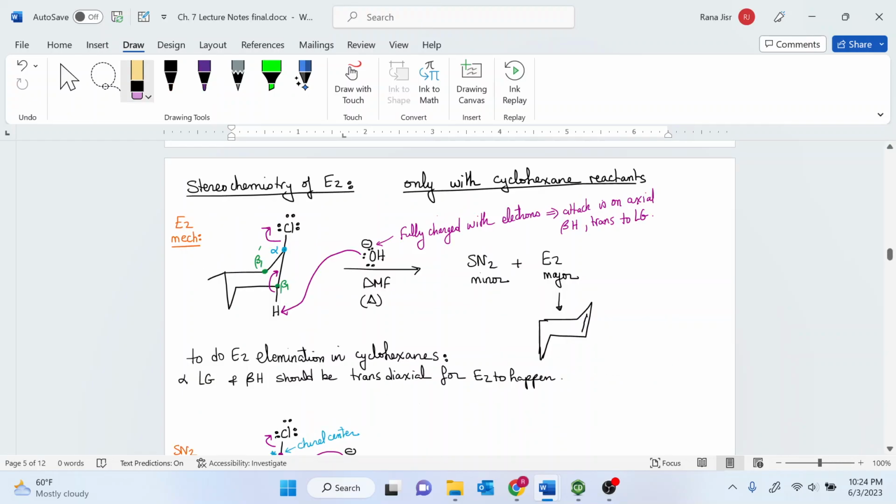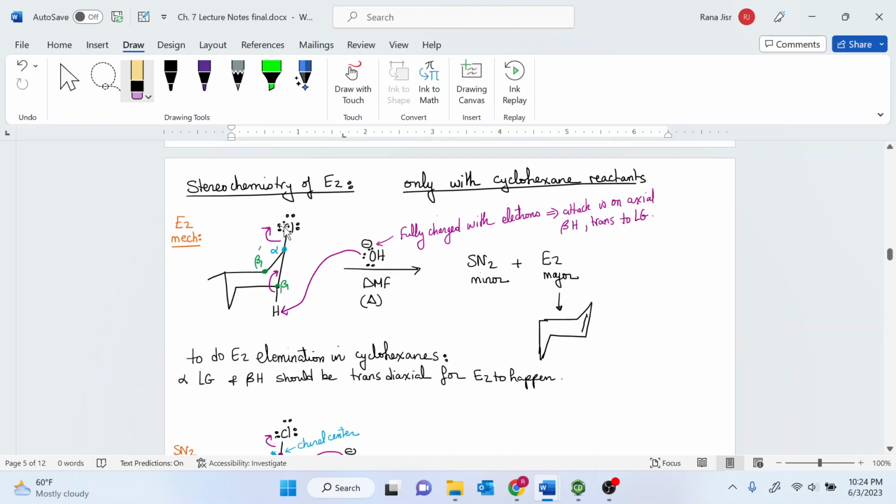Now, if you are working with a cyclohexane in a chair conformation, then pay attention to the stereochemistry of the reaction, where the base needs to attack the hydrogen that is anti-periplanar with respect to the halogen. And the only way in a chair conformation for the hydrogen to be anti-periplanar is that they need both to be trans and diaxial with respect to each other.